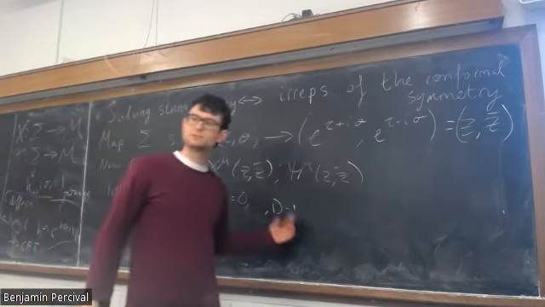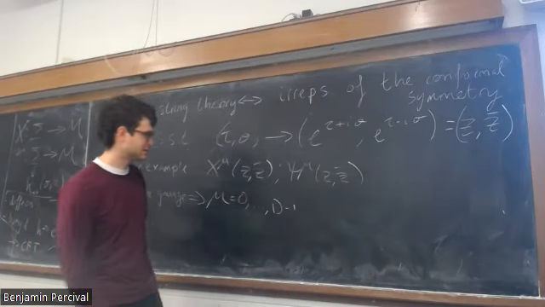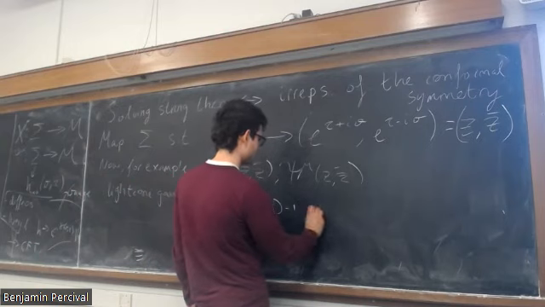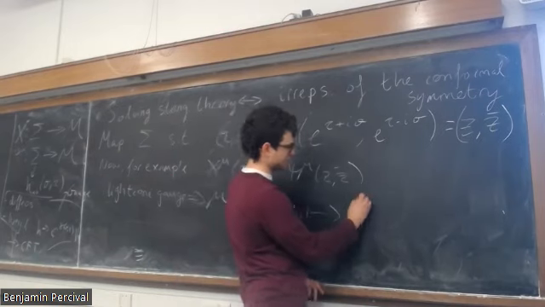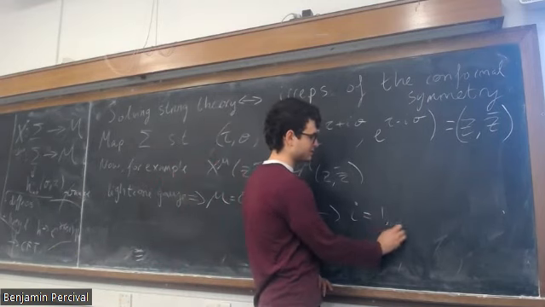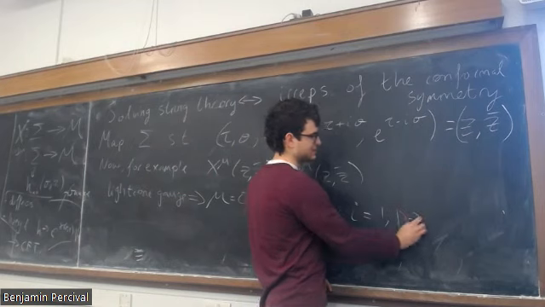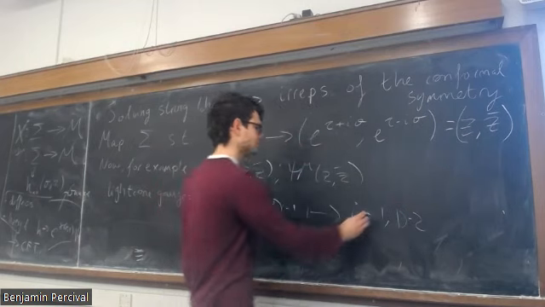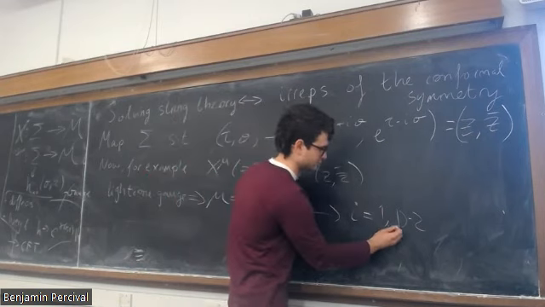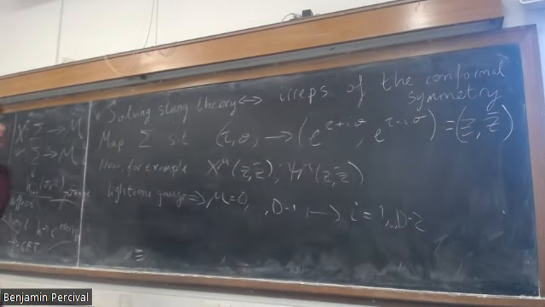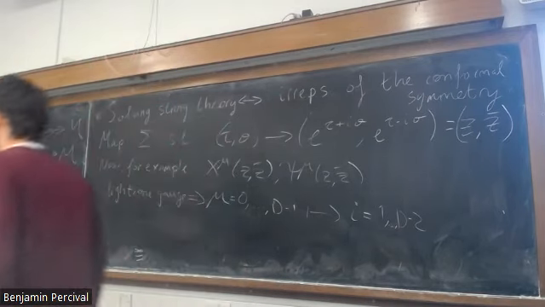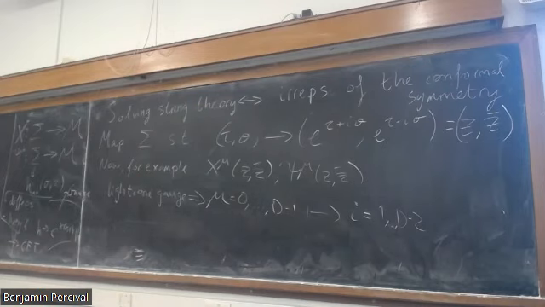If our space-time is d-dimensional, then we can go to light cone coordinates where we use I, and that's just from 1 to d-2. Okay. That's just a note for how we'll use that notation quite a lot.